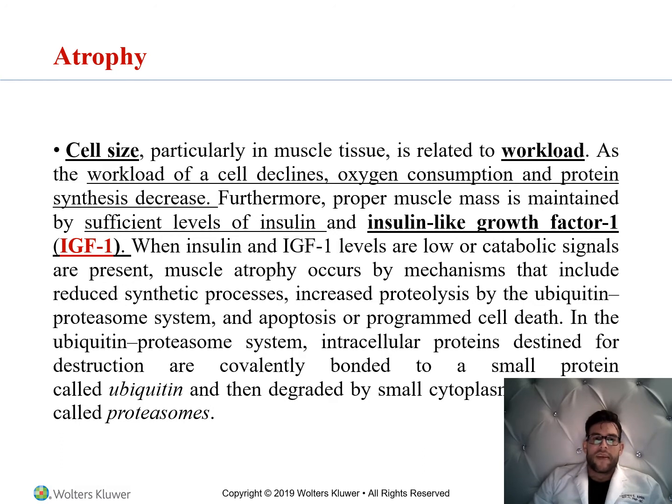Now, the cell size, particularly in the muscle tissue, is related to workload. When the workload of the cell declines, the oxygen consumption and the protein synthesis also decrease. That's why the cells go into a smaller size.